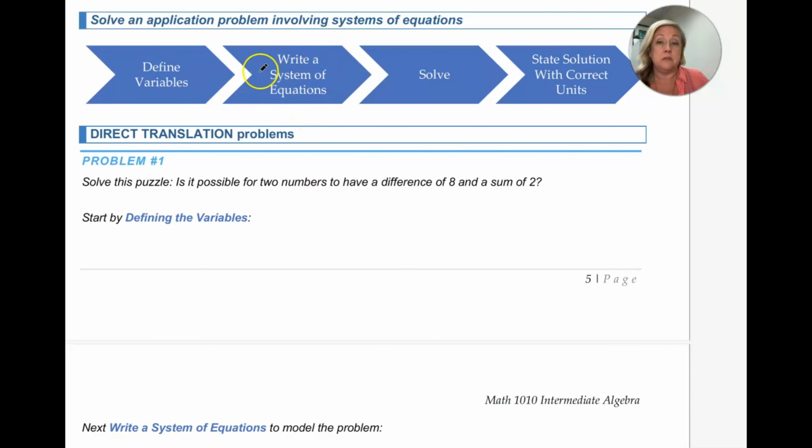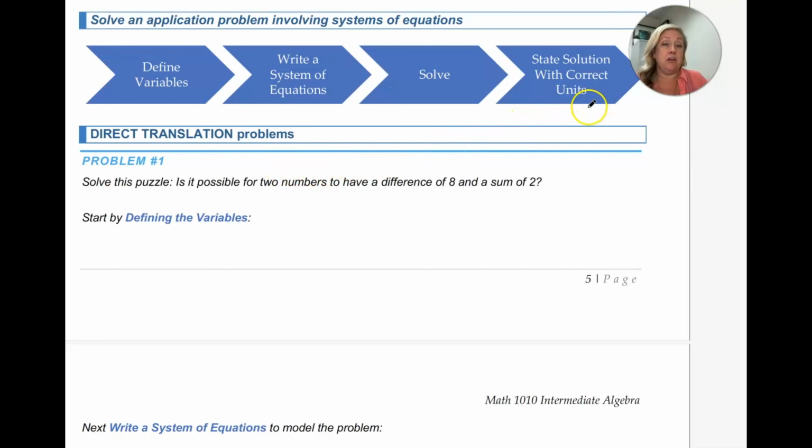Then we'll use the words in the problem to help us write two different equations. Then we'll solve those equations using either the substitution or elimination method. Remember, you can graph also, but sometimes graphing has some limitations in being able to figure out exactly where those lines are crossing.